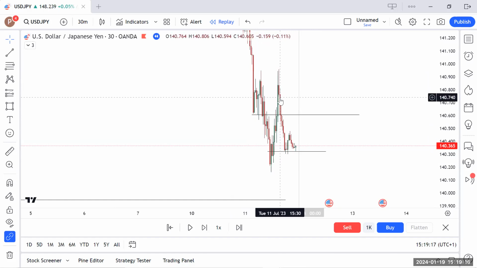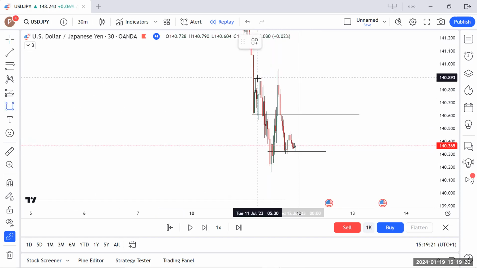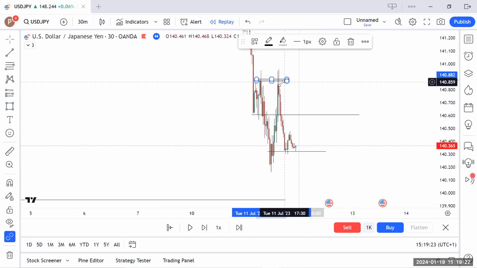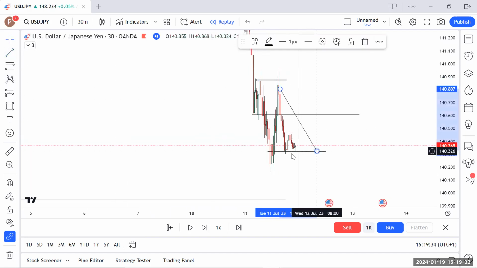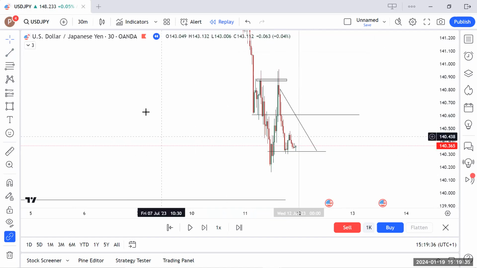But price didn't hold. We can see that it went all the way up, reacted from this zone that acts equally as a support and resistance zone, and then was sent back to the downside. So price created a demand here, but the selling pressure dominated the buying pressure, and we're looking to see lower prices, right?